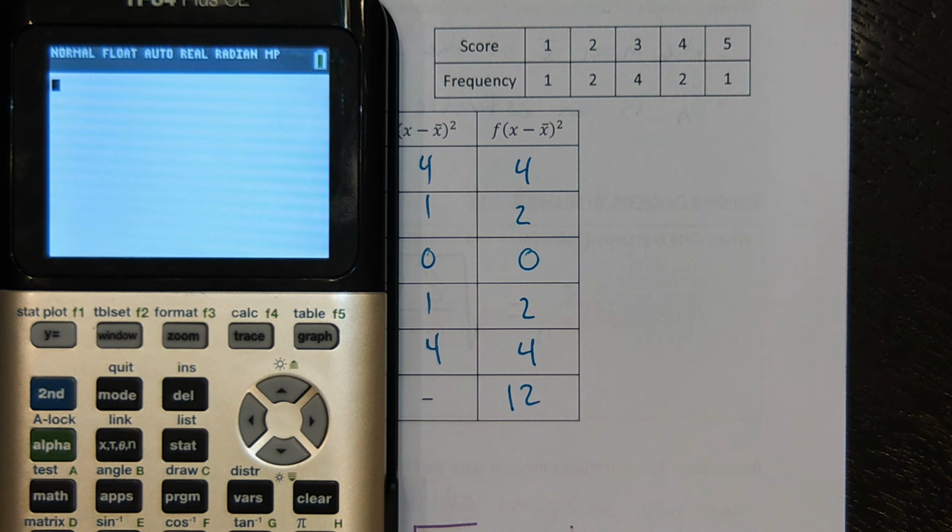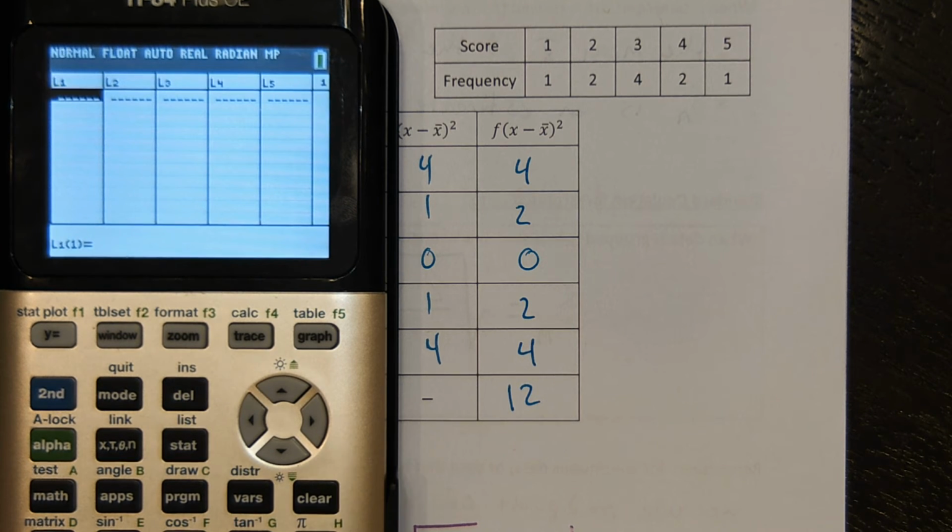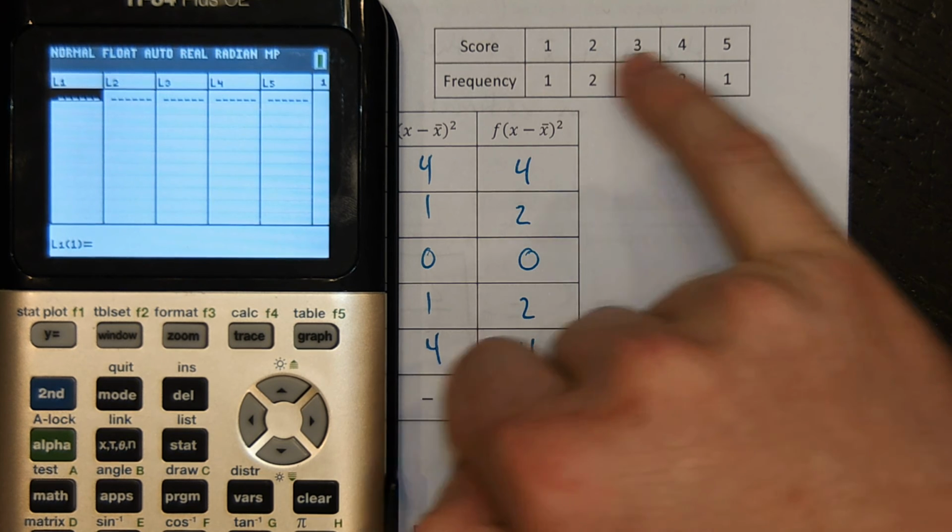We're going to be doing statistics now. That is what the stat button is for. So we press stat, and we're going to edit some lists. We just press enter on edit. So we have L1, L2, and so on. What we need to do in L1 is put our scores in there.